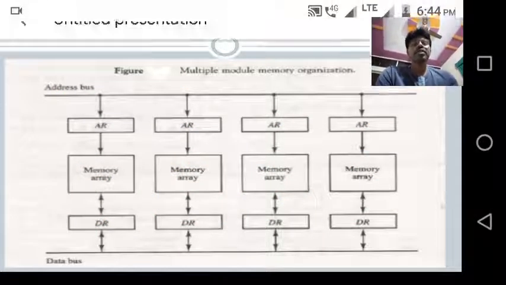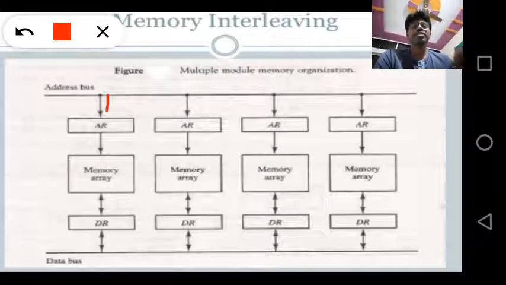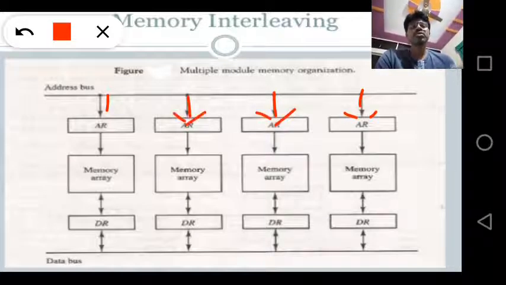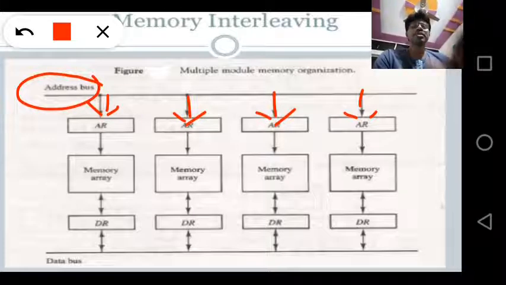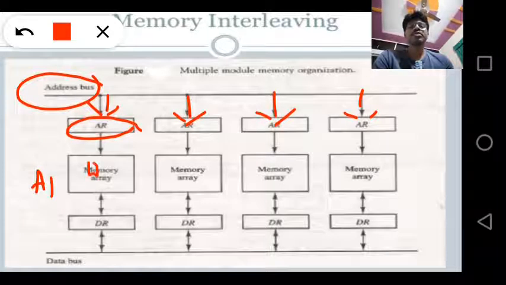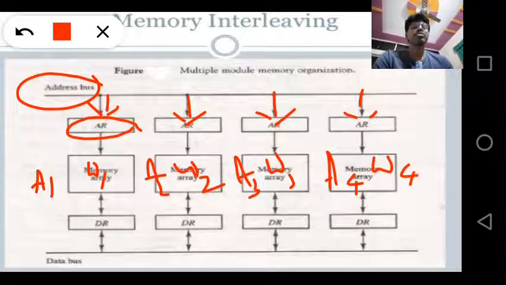And remember, all these address registers are connected to the address bus in a unidirectional way. Let's assume at address A1 the word W1 is stored, at address A2 W2 is stored, A3 W3 is stored, at A4 W4 is stored.